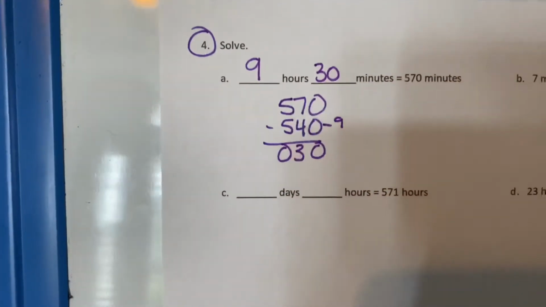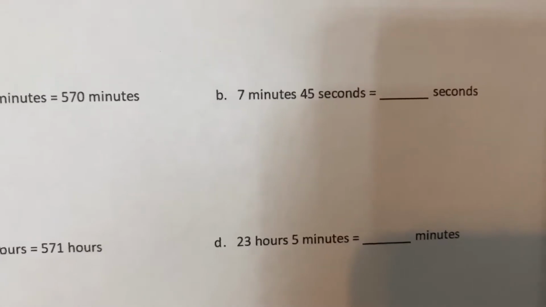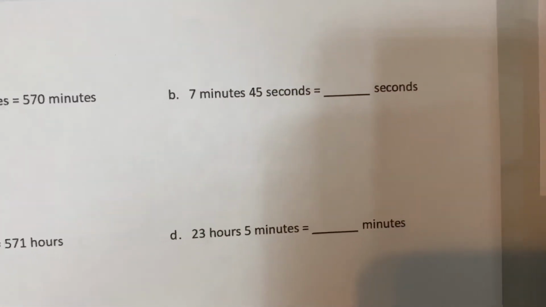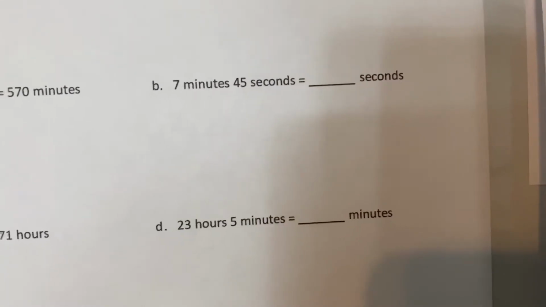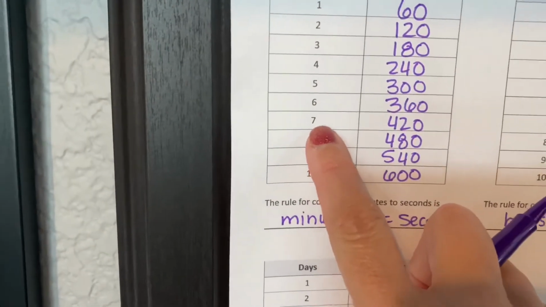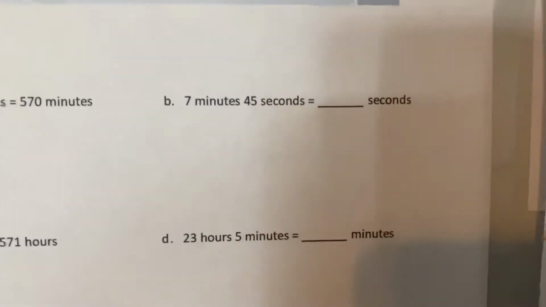When I look at number B, it says 7 minutes and 45 seconds is equivalent to how many seconds? So I'm going to go up and look at my table here and see 7 minutes is 420. So I'm going to start with 420.